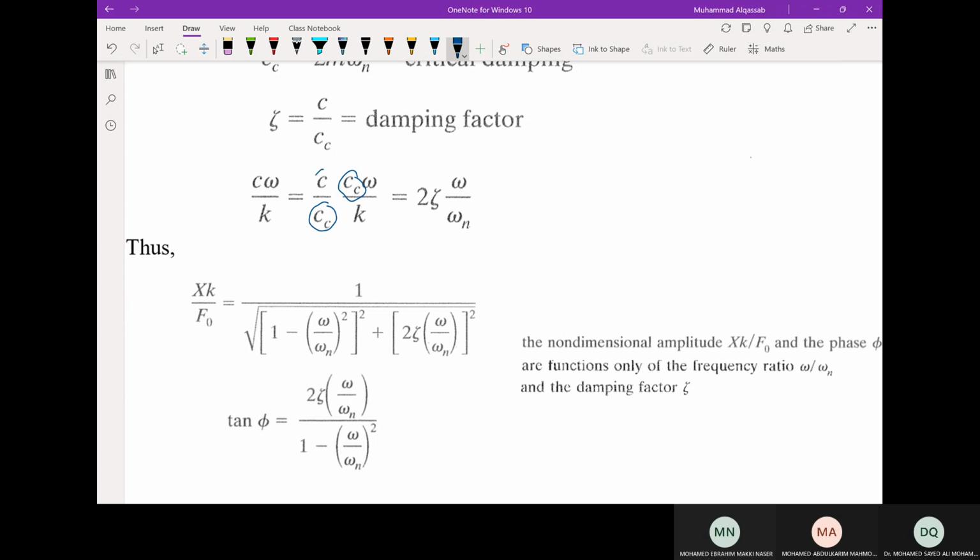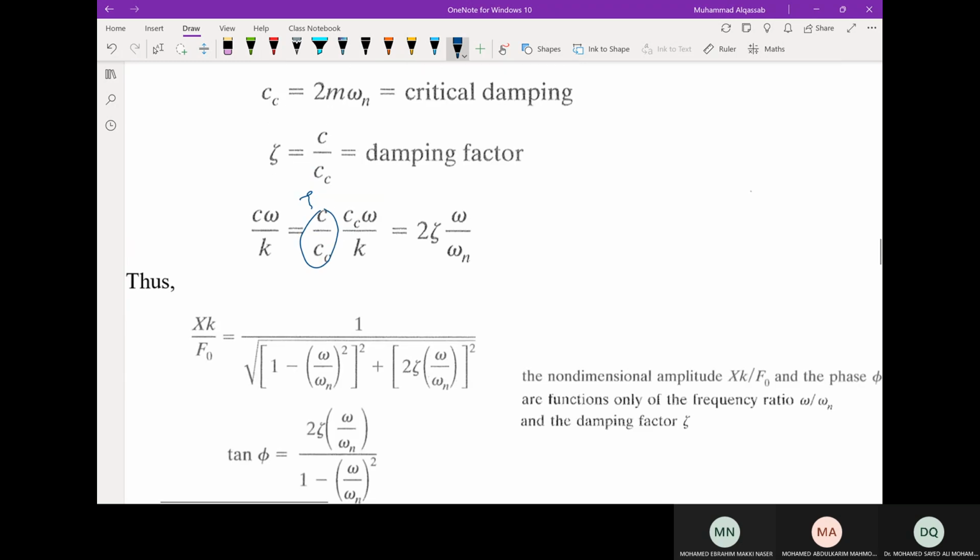C over Cc is zeta. And you substitute for Cc with its definition, which is 2m omega n, you will reduce that C omega over K to 2 zeta omega over omega n.